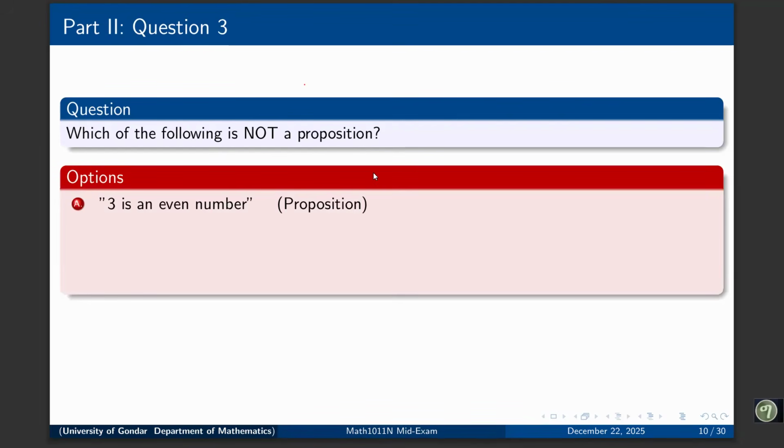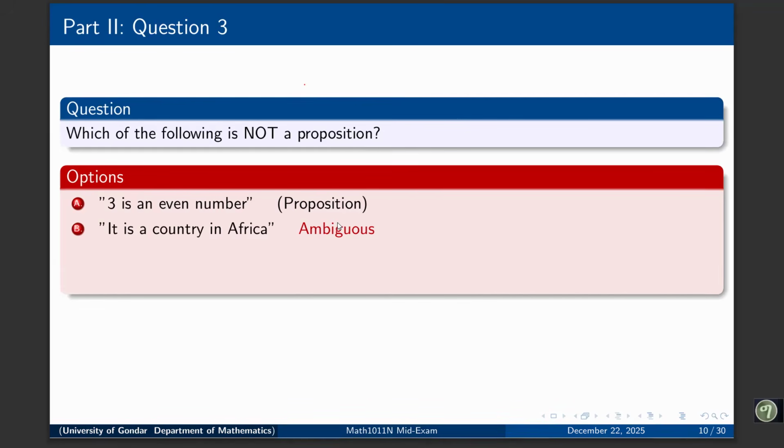For example, if we see the alternatives one by one, 3 is an even number, and it's clearly a proposition, which is a false proposition. B, it is a country in Africa, which is ambiguous because we don't know what or who is represented by the word it.